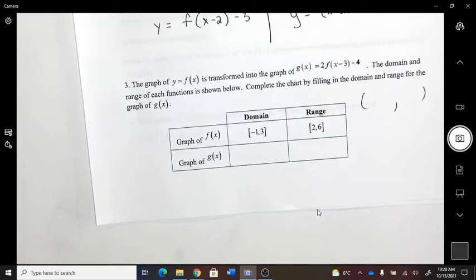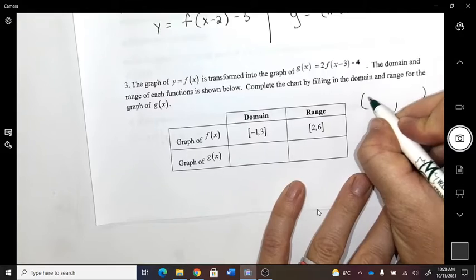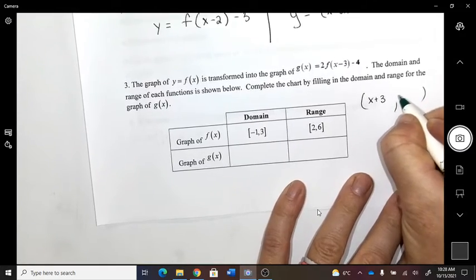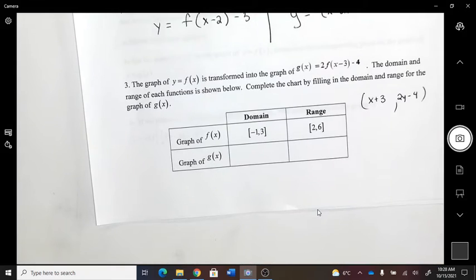Can you write a new coordinate using those? Okay, how did that go? X plus 3, 2y minus 4.